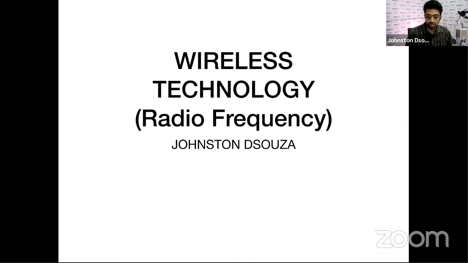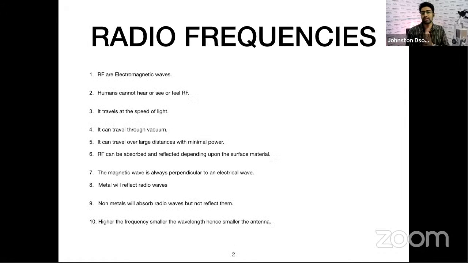All right, so let us understand what radio frequency is in the first place. The most basic explanation is that radio frequencies are nothing but electromagnetic waves. You have studied electromagnetism, right? You might have done it in school, and probably even in your microphones class. Yes or no? Yes, sir.